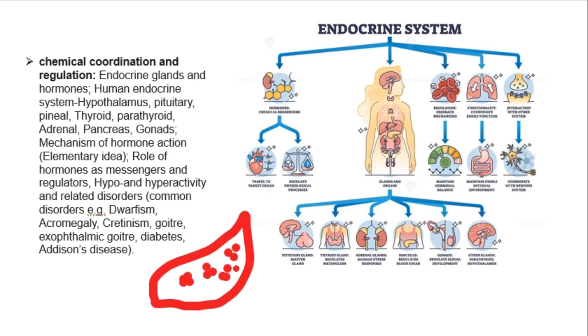And the mechanism of hormone action we are going to see. This is the pancreas, and inside it you can see the islets of Langerhans. They secrete the insulin. And the next part is gonads. So totally 8 different endocrine glands are there in our human body.